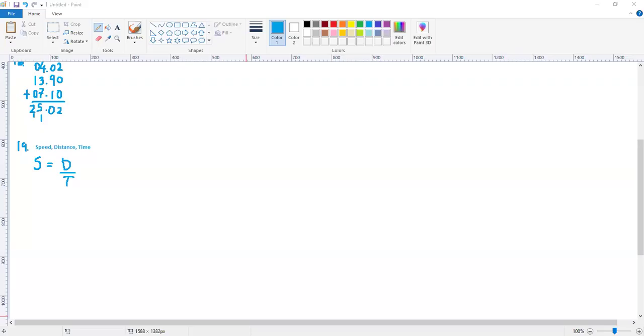The hours is the unit for time, isn't it? So the slash in between the kilometers and the hours is simply signifying division. Okay, did you get that? So it's a reminder that the formula for speed is distance divided by time.